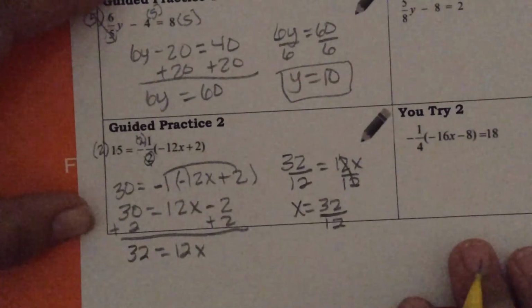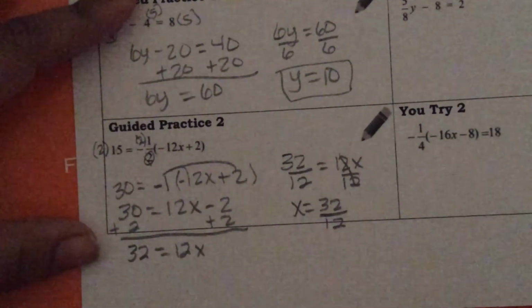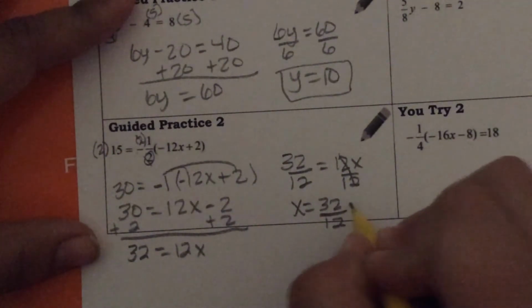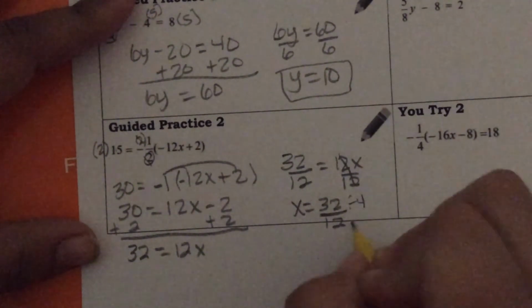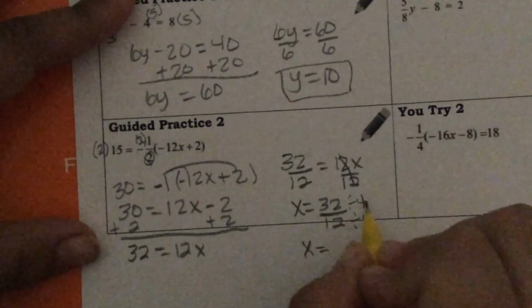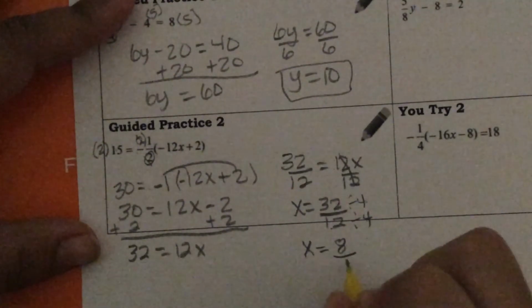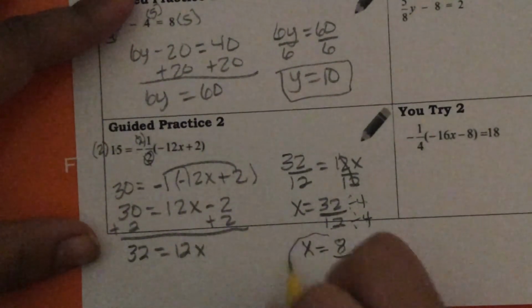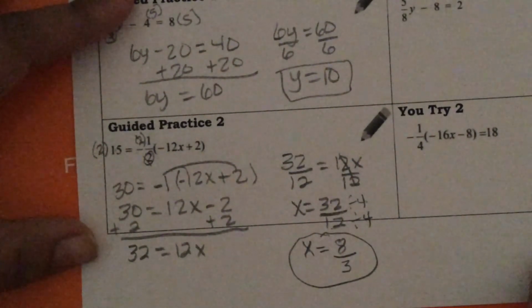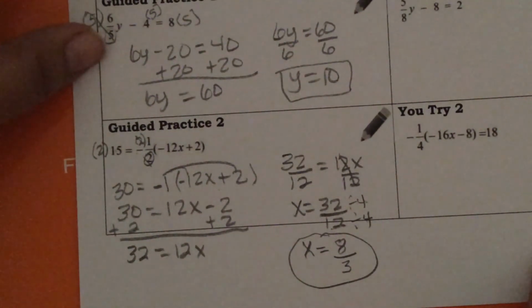So what number can go into 32 and 12? The biggest number that can go into 32 and 12. Well, that's going to be 4. It can be divided by 4. So x is going to be 32 divided by 4 is 8, and 12 divided by 4 is 3. So the answer is x equals 8/3. So remember, we want it in simplified fraction form.